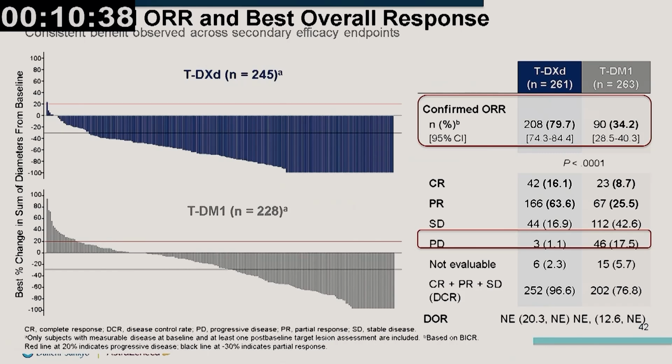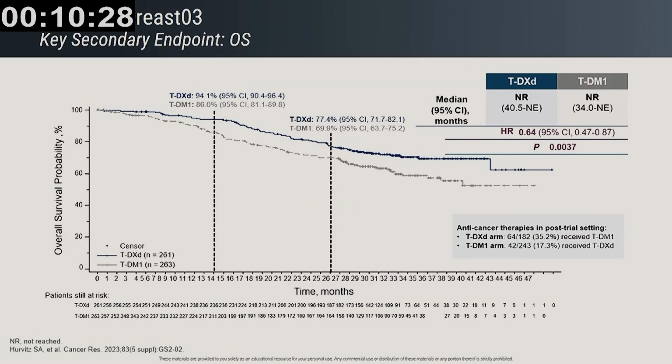And these are the two waterfall plots showing you that the responses to the trastuzumab deruxtecan is definitely better than for TDM1, establishing the role of TDXD here. And this is looking at the secondary endpoint, which was the overall survival. You can see that even towards the end of the curve, there's a separation that is happening.